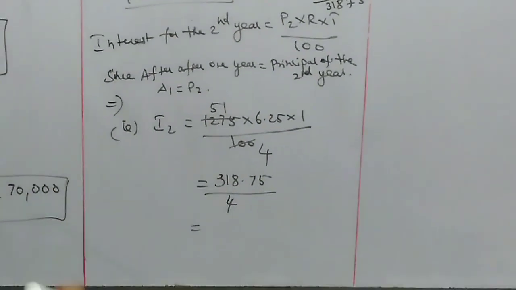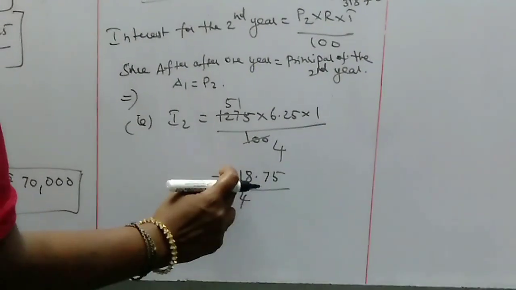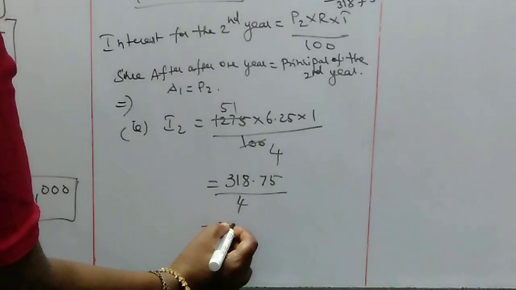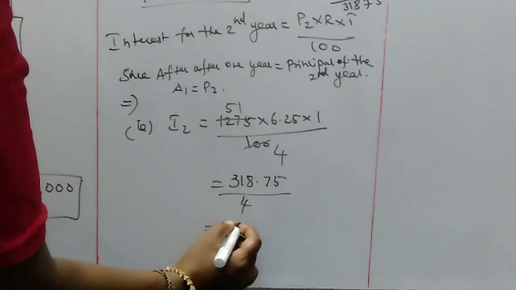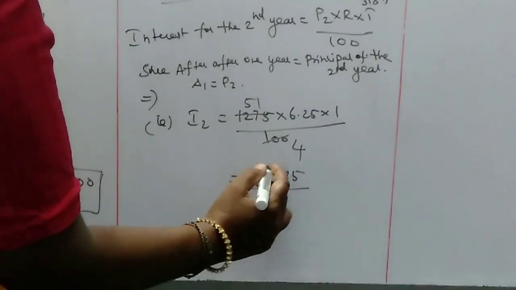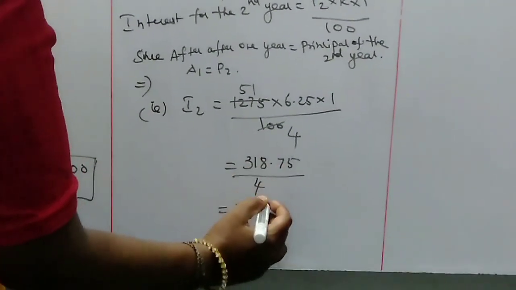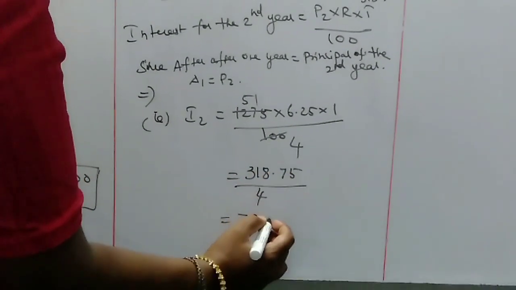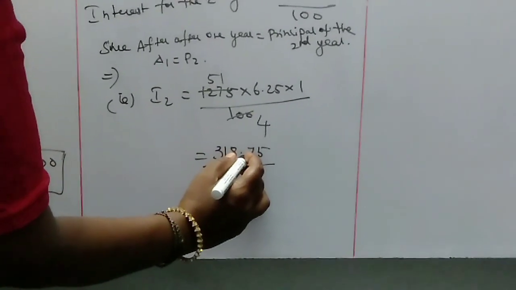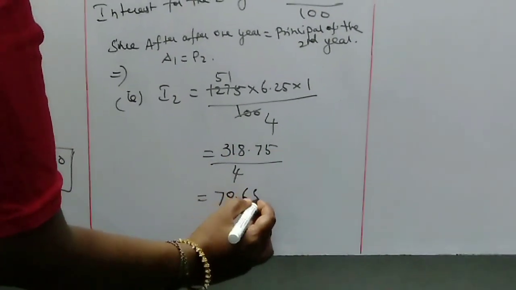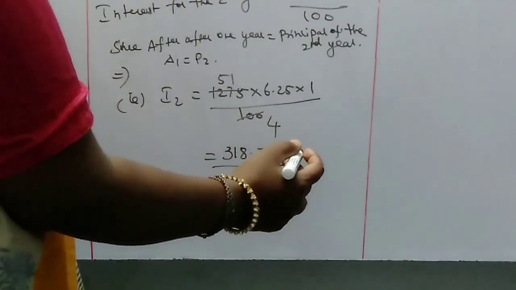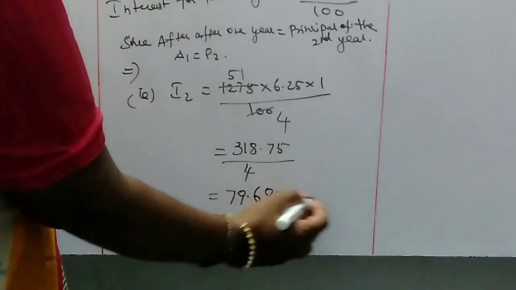So what we will get: 7 4s are 28, balance 3, 38; 9 4s are 36, balance 2, 27; 6 4s are 24, balance 3, 35; 8 4s are 32, balance 3, 37, and so on it will go.